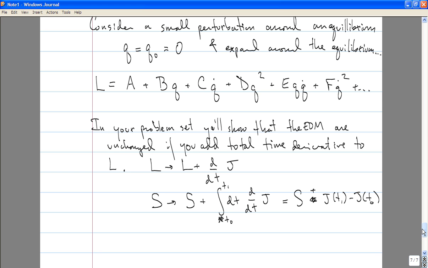So in particular, I can ignore the a term, because that's the derivative of a times t, the c term, which is the derivative of c times q, and the e term, which is the derivative of 1/2 e q squared.